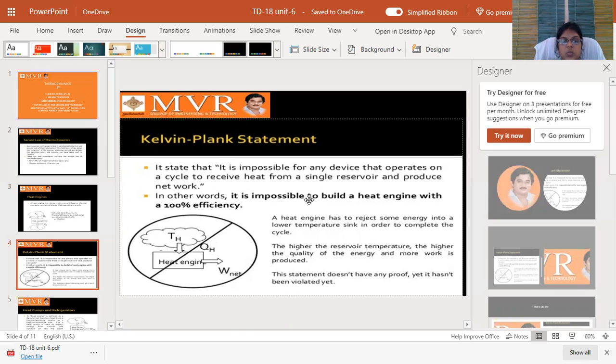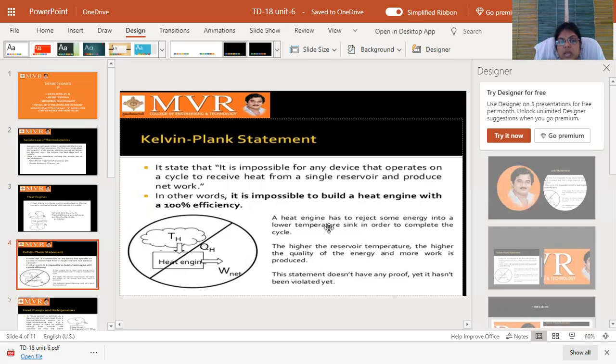In other words, it is impossible to build a heat engine with 100% efficiency. So such a device violates the second law of thermodynamics. That we call the Kelvin Planck statement.